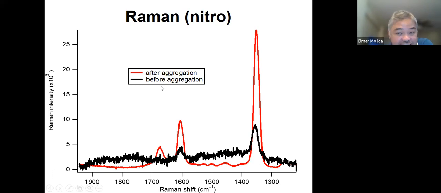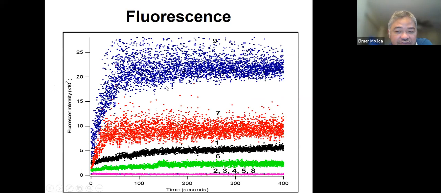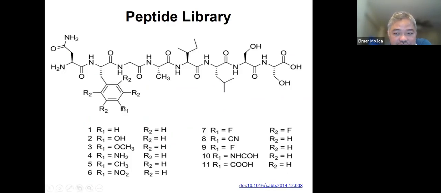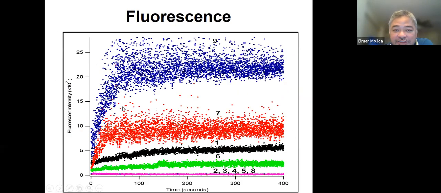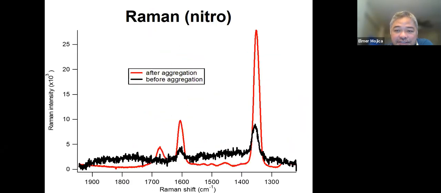Since this is a nitro, the functional group that we have here is NO2, which has a sharp peak at this region. If you look at this peak before and after aggregation, there's a slight shift, which means there's a change in the environment of the functional group.